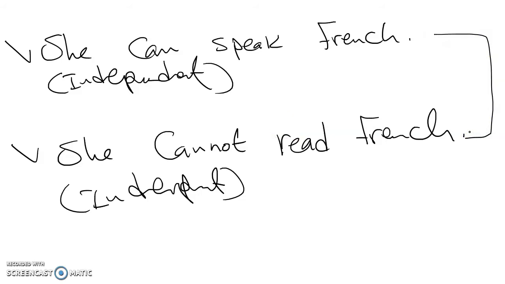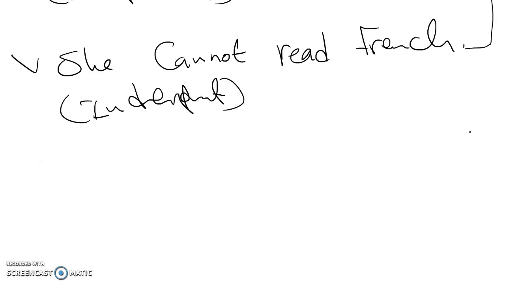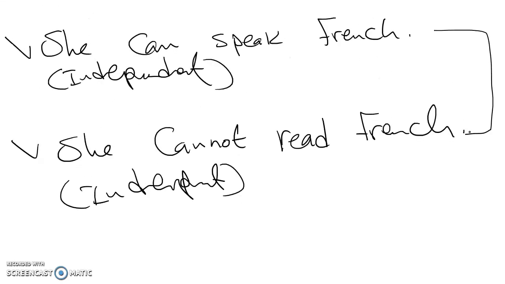So I will use a coordinating conjunction. Based on the meaning that I will have, the suitable conjunction that I have to use here is but. I will use but to join these two clauses with each other.